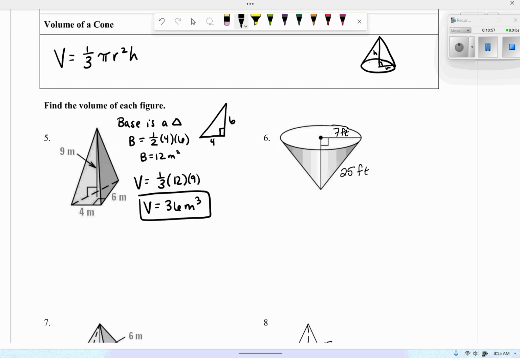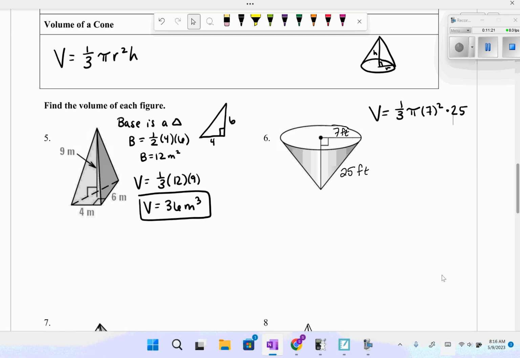Over here, we have a cone. So again, volume equals base times the height. So, or 1/3 the base times the height, I should say. So this volume is equal to 1/3. The base is circular, so area of a circle is pi r squared. So pi times 7 squared times the height, which is 25.